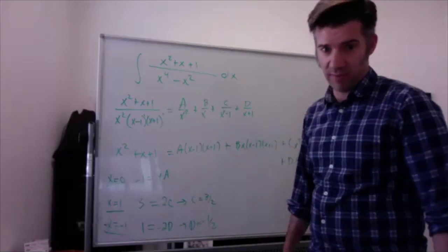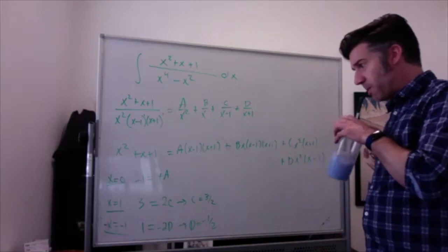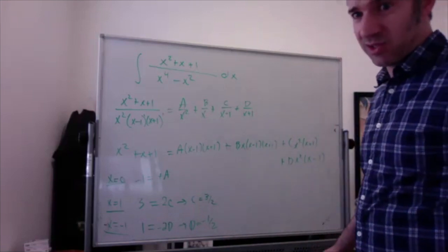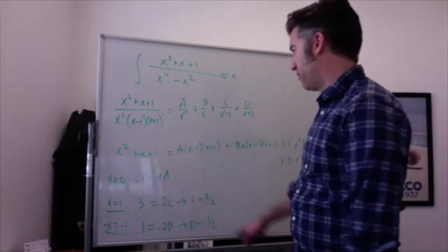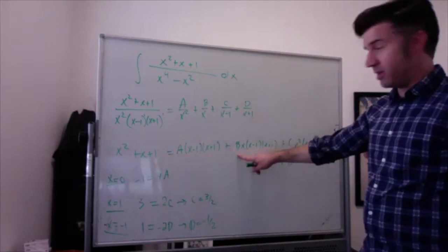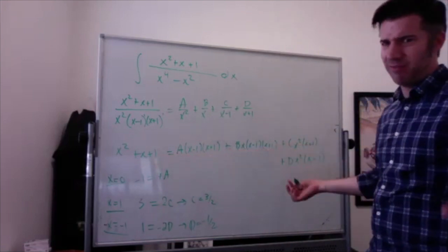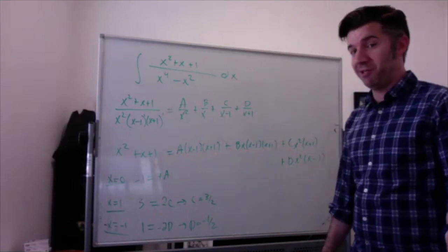This is not my preferred method, because even though it's not hard, it's still not super easy here. Like I could pick x equal to 2, and I'd have 4 plus 2 plus 1 is 7 over here. And then I'd have negative 1 times 3 plus whatever b is times 2 times 1. It's just like, ugh.